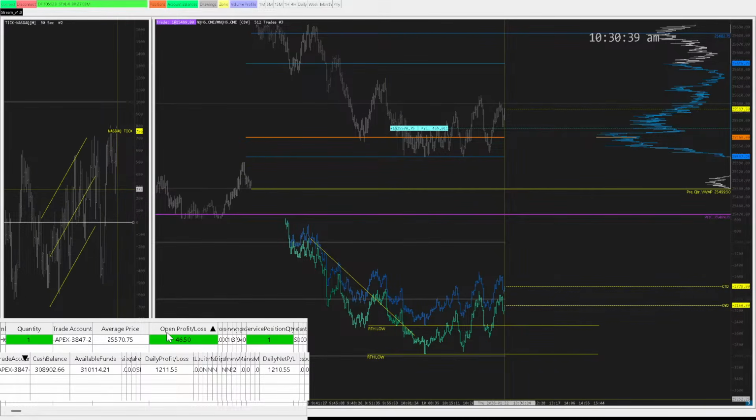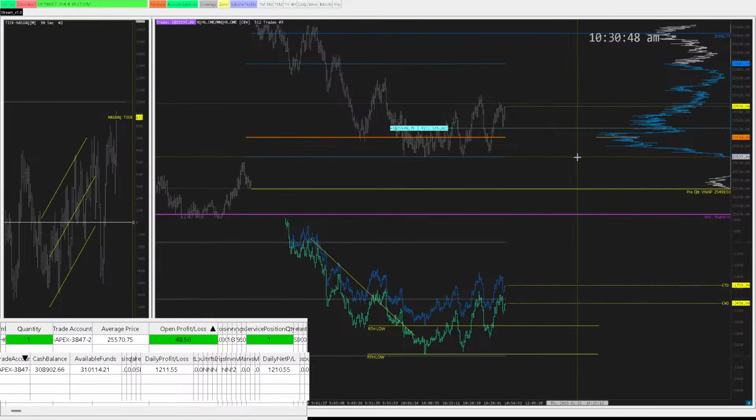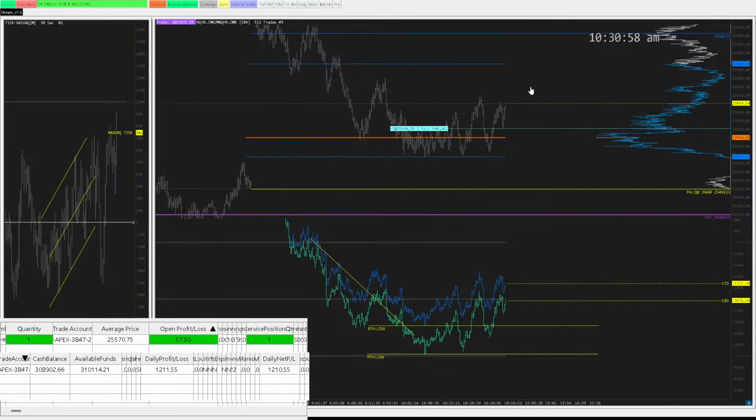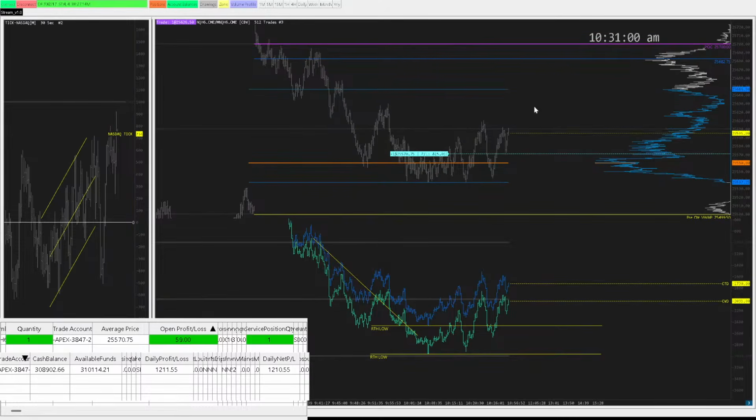I need to create a study that does it for me, because the proprietary ones I'm not super happy with. But anyway, we made 1200 on 2 trades. And the first one, man, I wish I could have. Oh, it's not going to show the trades because I'm on micros now.